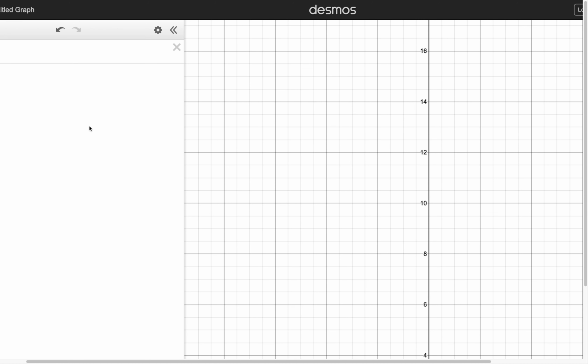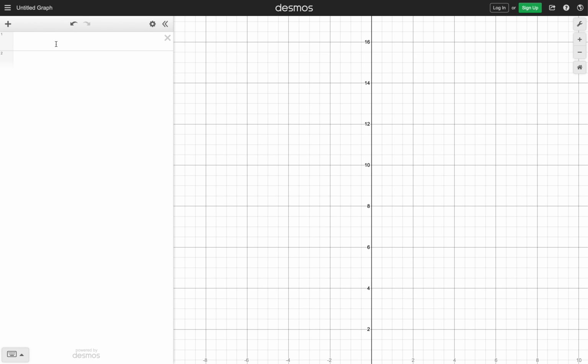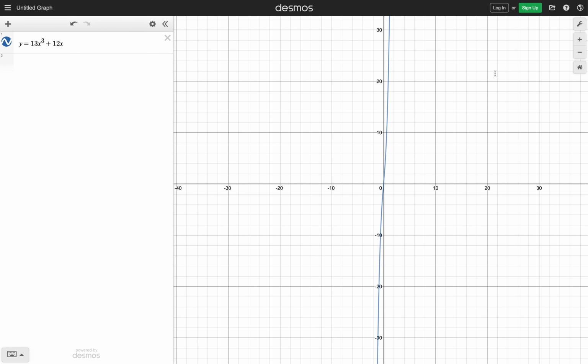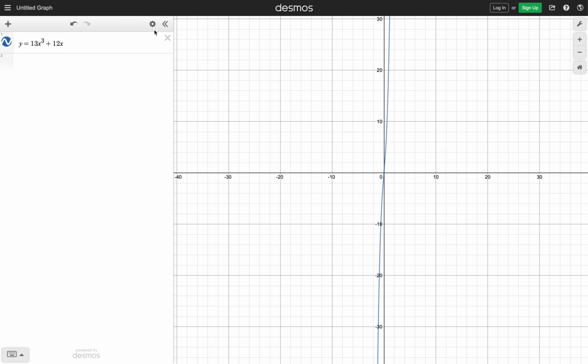And for the second, we had 13x cubed plus 12x. And again, this graph is going to have symmetry with respect to the origin.